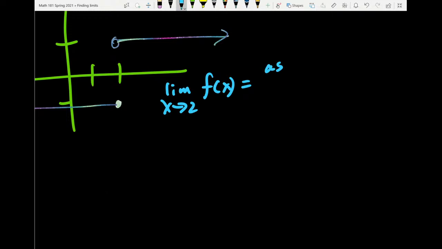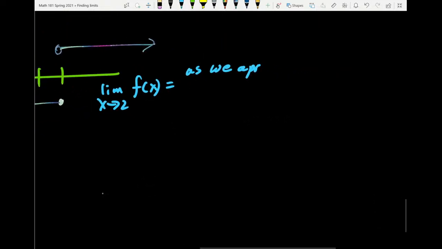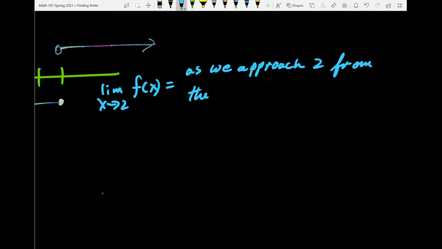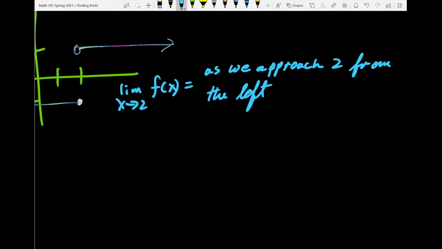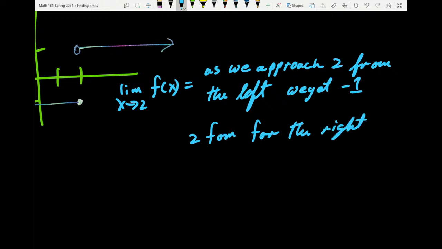As we approach 2 from the left, we get -1, and 2 from the right we get +1.